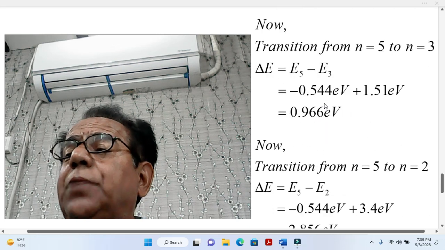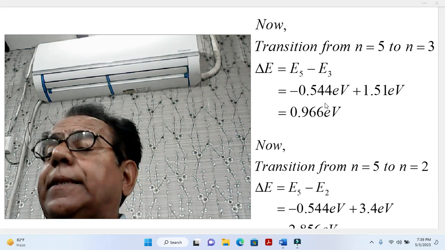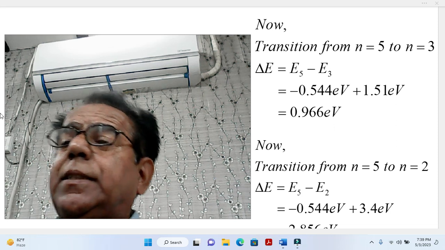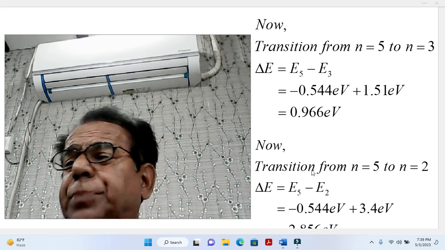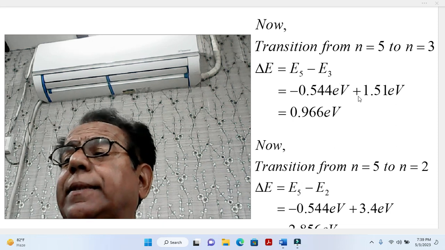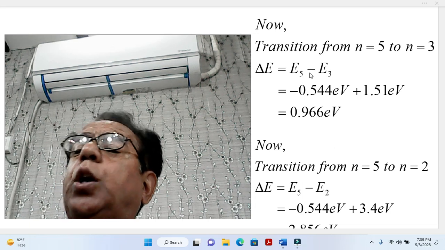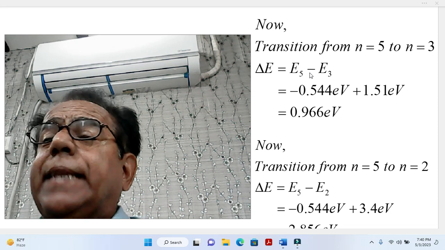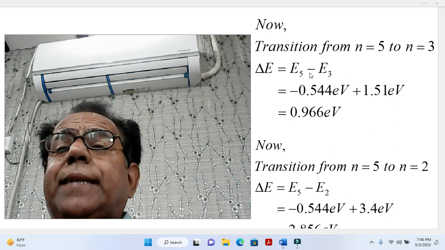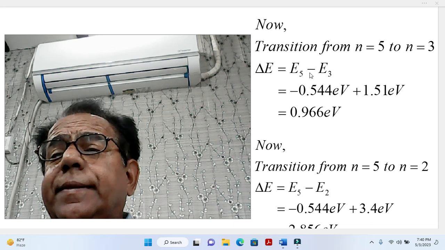Now transition from n5 to n3, that is delta E equal to E5 minus E3. Here once again same situation as in the previous transition, that the value of E3 which is actually minus 1.51 electron volt, here it becomes plus, because I have already said that when two similar signs are multiplied, their result is plus.